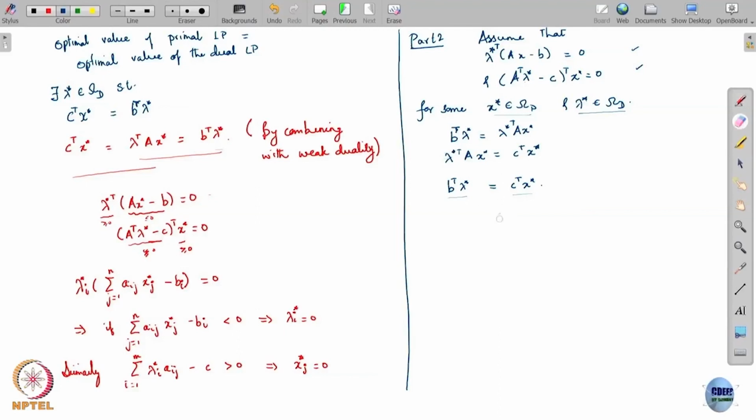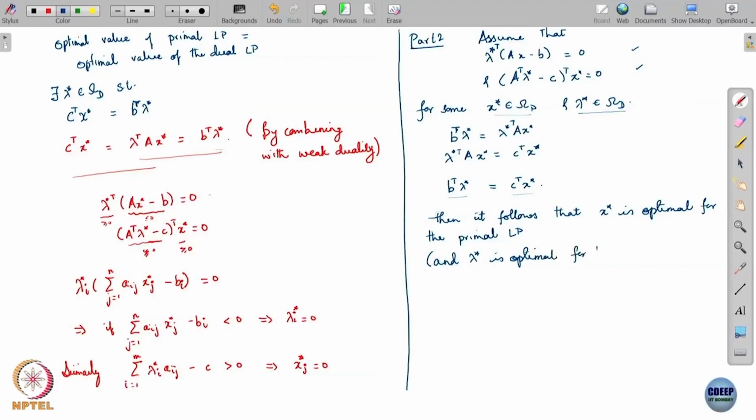So, then it follows that x star is optimal for the primal LP, and that lambda star is optimal for the dual LP. All right.